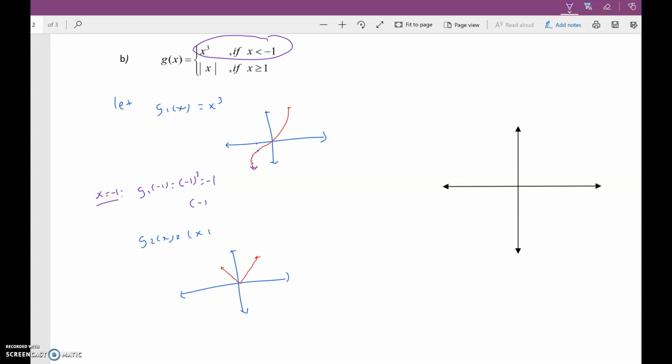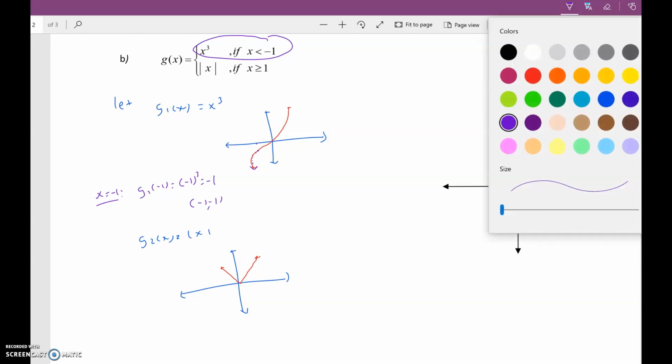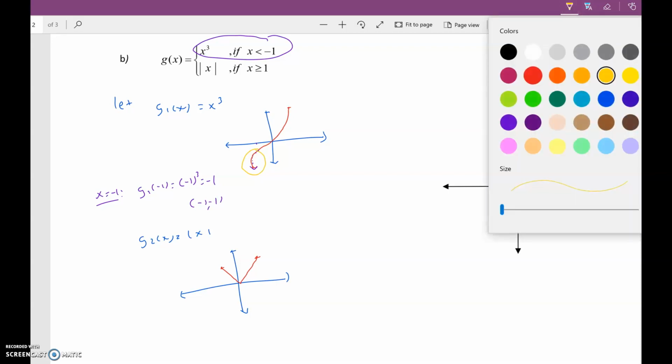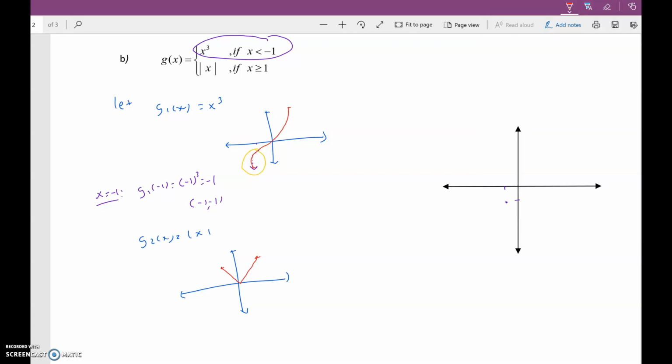So the coordinate point that we need is -1, which is here. And it says less than -1, so we're just going to cut this piece here. That's what we're going to be retrieving.